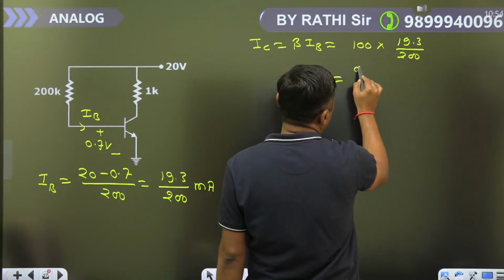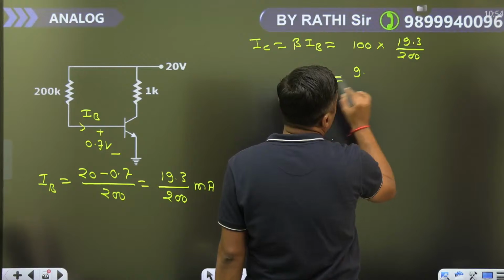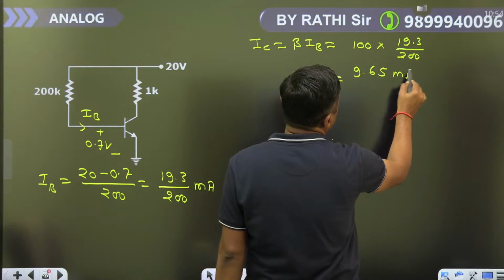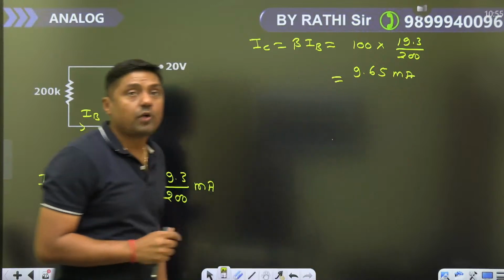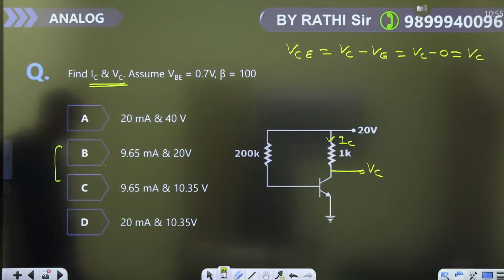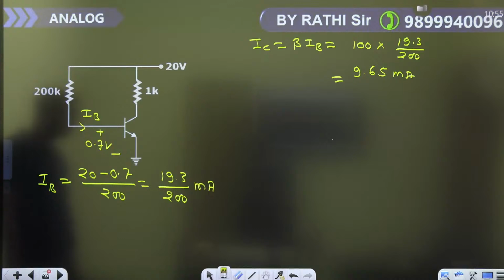It will become 9.65 milliampere. This is the value of current. 9.65 milliampere, we have it in the options. Okay.